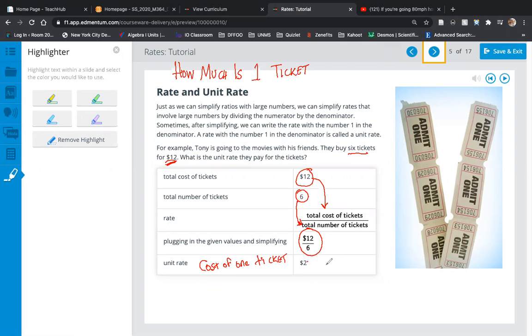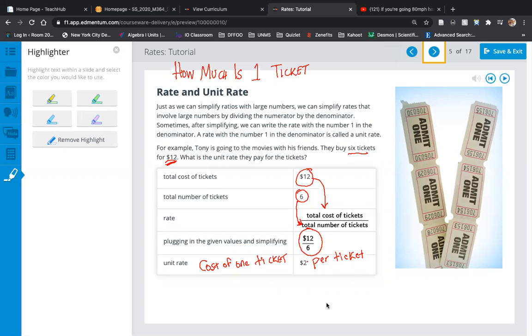Really this $2 means $2 per ticket. So if it's $2 per ticket and I bought 6 tickets, 2 times 6 gets me to $12. So I can check my work and I see, okay, that does work. That does make sense in this example here.